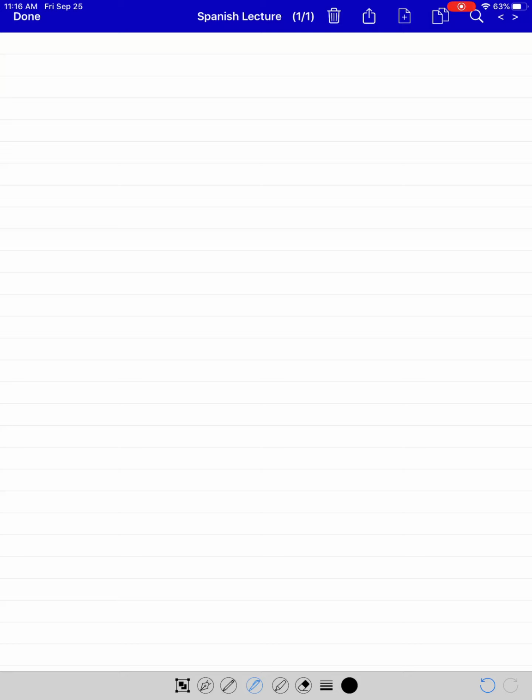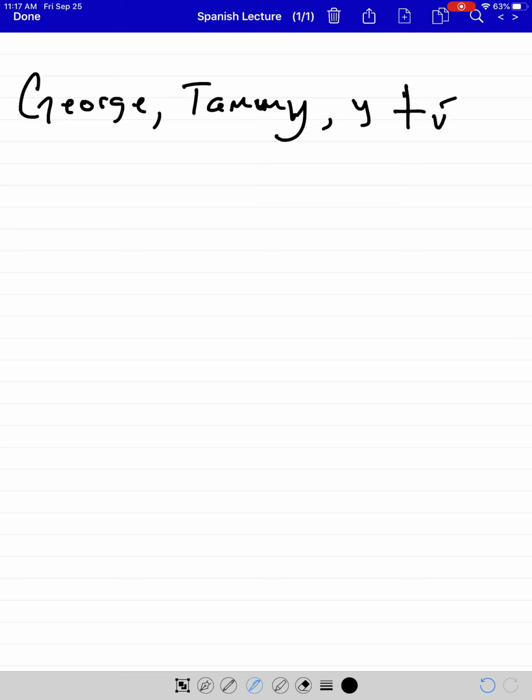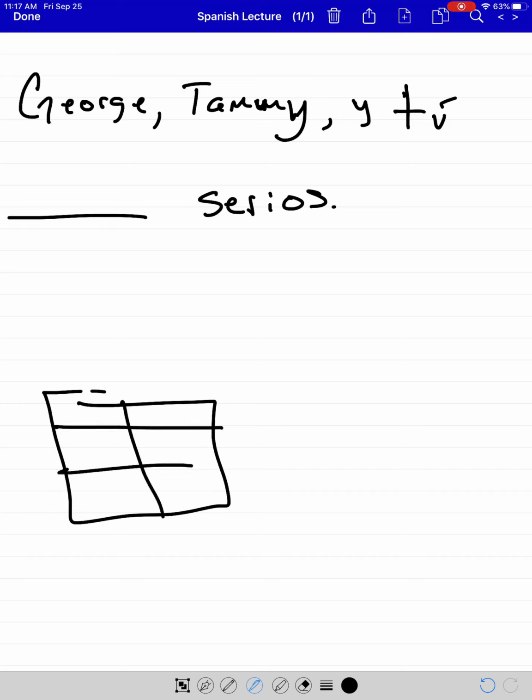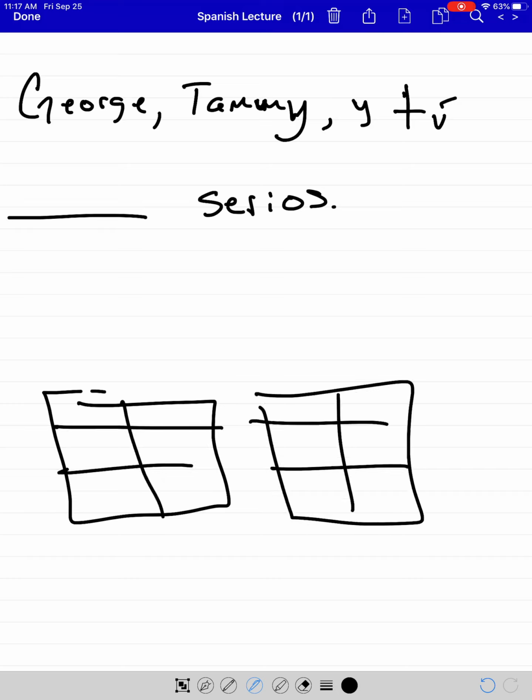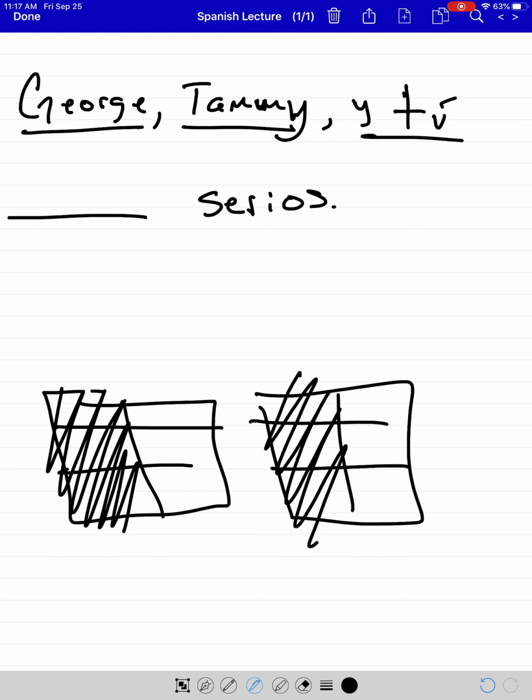Let's say you have a sentence that says, George, Tammy, tú, blank, serios. Well, if we look at our charts again, we see that we have three people, so we know we're not going to be on the singular side, so we can go ahead and scratch those off.